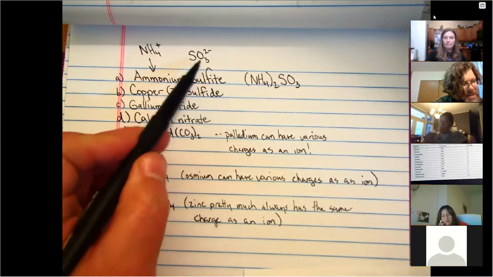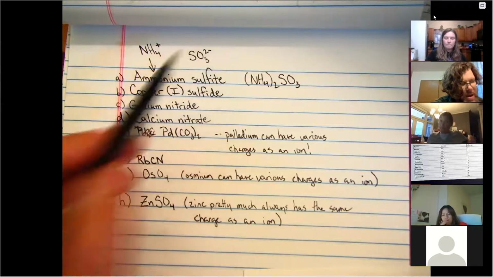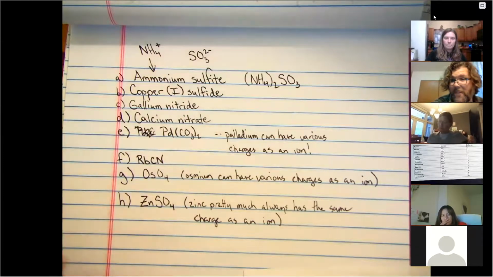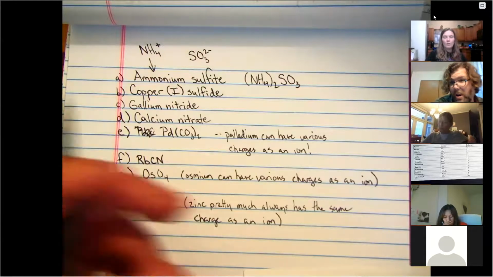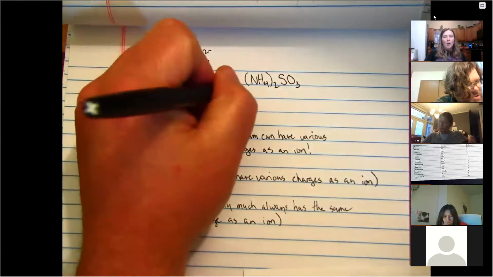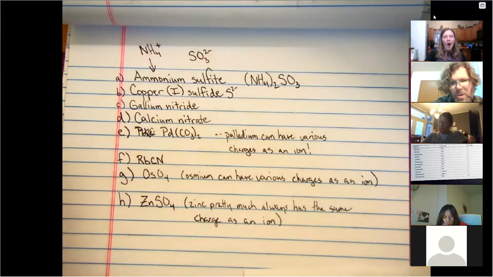Sulfite is the polyatomic ion SO3 with a -2 charge. Sulfide is the ion that we get by turning sulfur alone into its ion. So sulfide is S with a -2 charge. 1 letter makes a big difference in what ion we're talking about there.